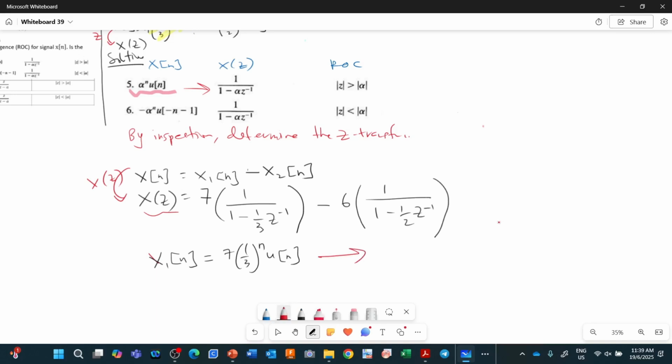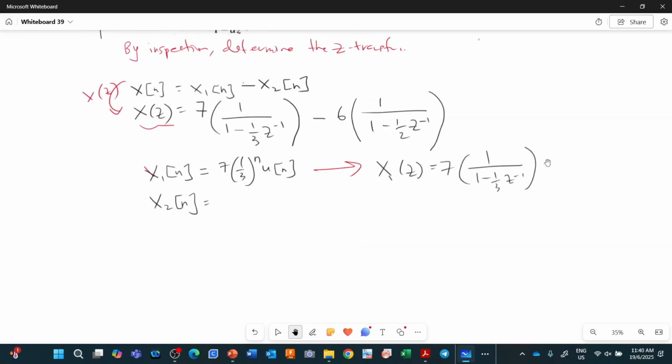So the Z transform is X1(z), you get 7 times 1 over 1 minus 1/3 z^-1. First equation. Second equation, x2[n]. Do it one by one. The second equation is 6 (1/2)^n u[n]. So the Z transform is X2(z).